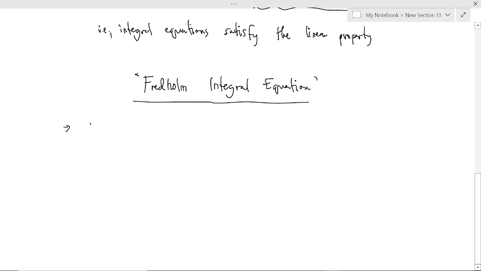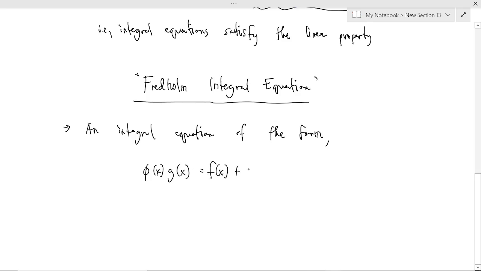Basically, this is an integral equation of the form phi of x times g of x is equal to f of x plus a certain parameter which we call lambda times the integral of the kernel k(x,t) g(t) dt, evaluated from a to b.